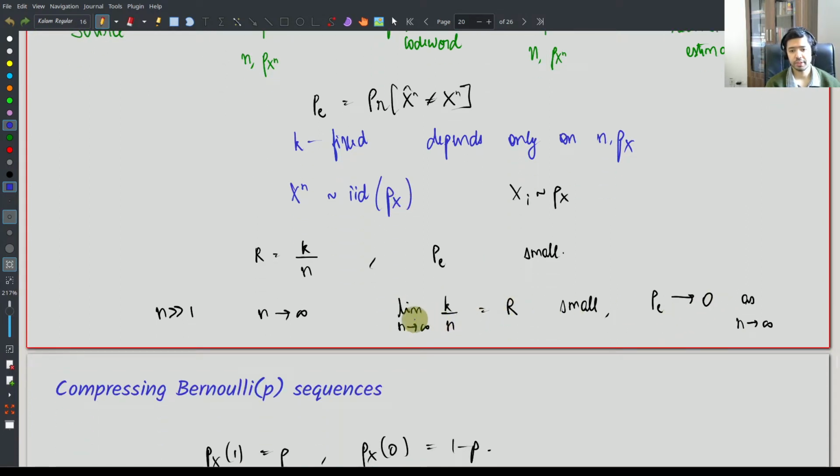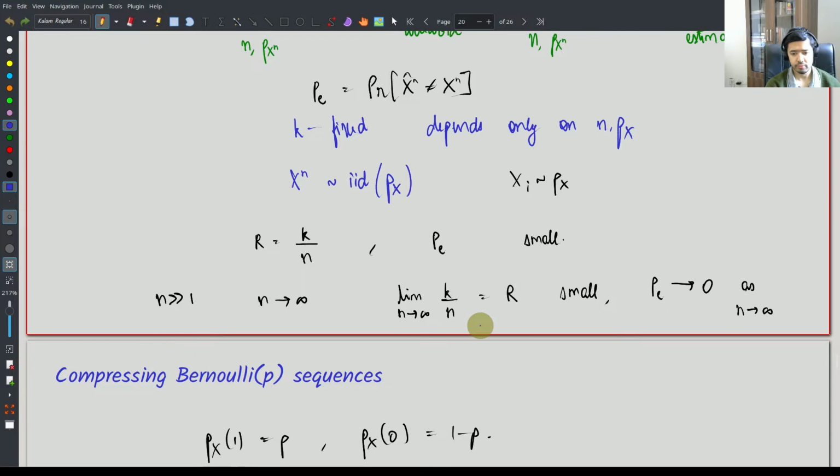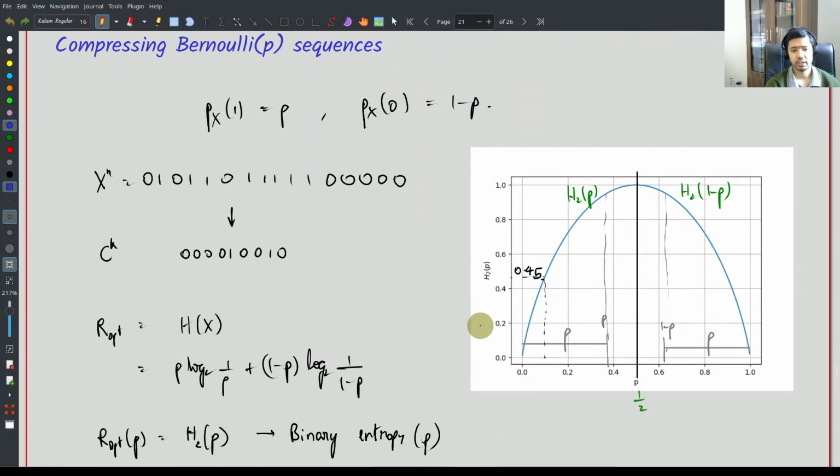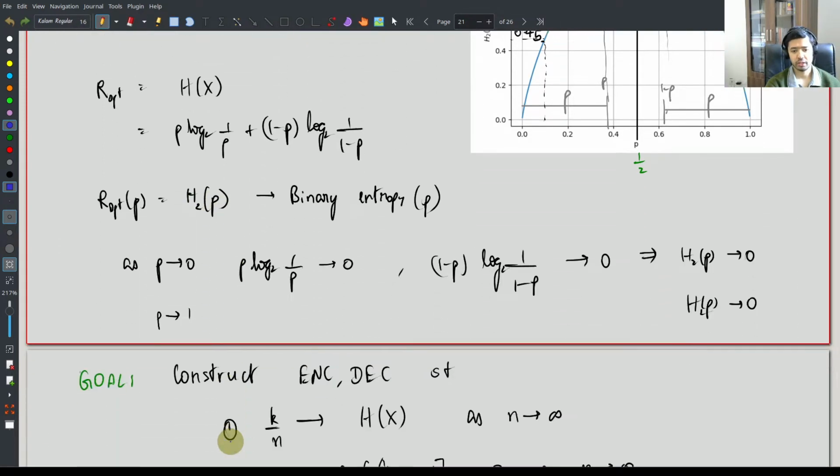And at the same time, you want to make sure that the rate, which is K over N, is asymptotically as small as possible. And the claim was that it is possible to construct a compressor such that the probability of error tends to 0 as n tends to infinity. At the same time, the rate tends to the binary entropy of P, so H2 of P for a Bernoulli P sequence.